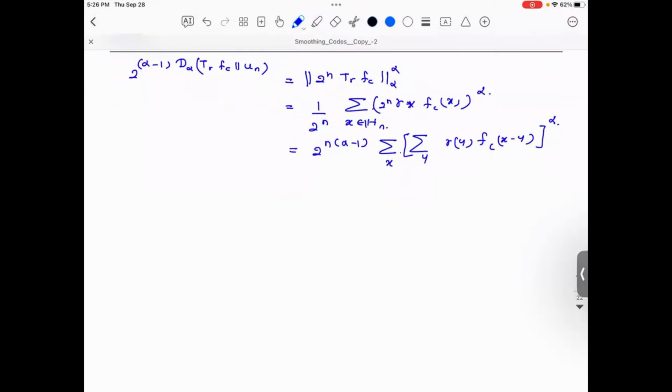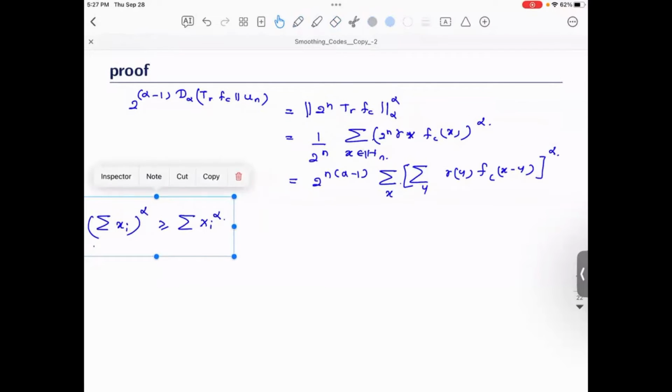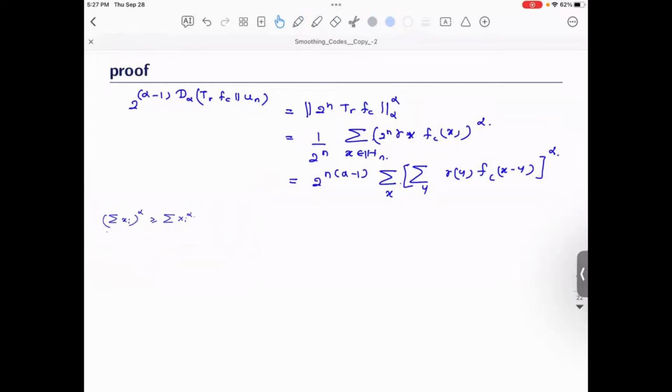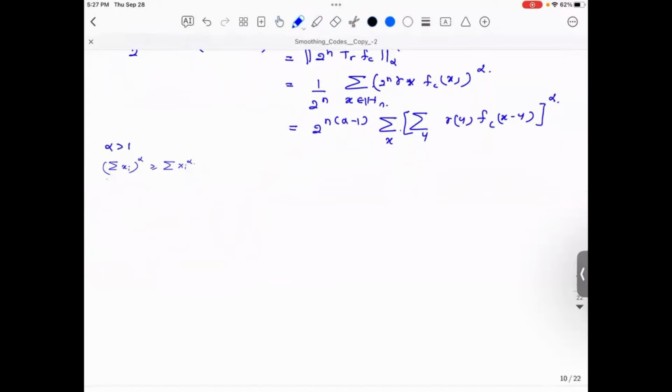And now we make use of this inequality. For instance, if you have something like the sum of xi to the power alpha, when alpha is greater than 1, you have this, and when alpha is smaller than 1, we have this result.